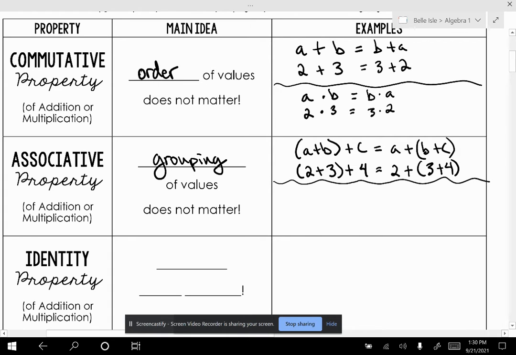Like we said, that was for addition. It's also for multiplication. So we could have A times B times C, then you could have A times, and then in parentheses, B times C. So we could have 2 times 3 times 4 equals the same as 2 times, in parentheses, 3 times 4.